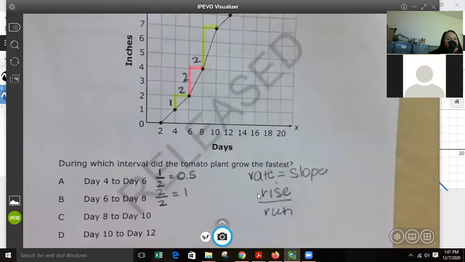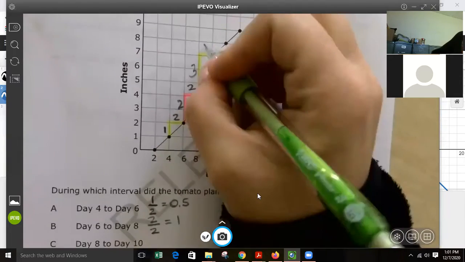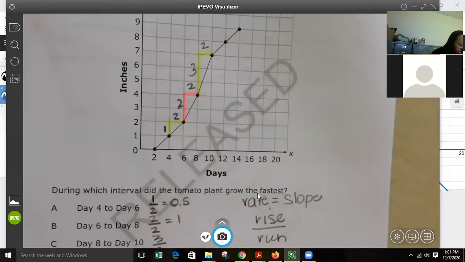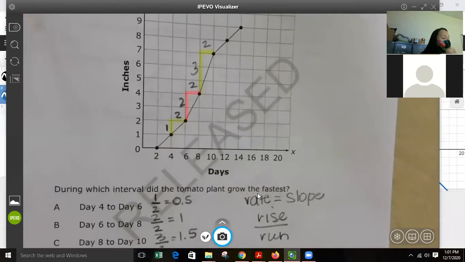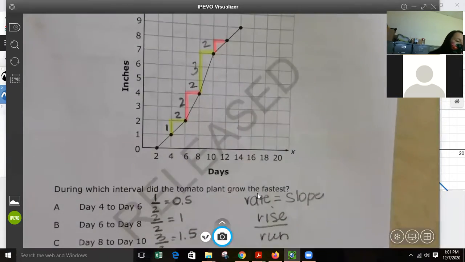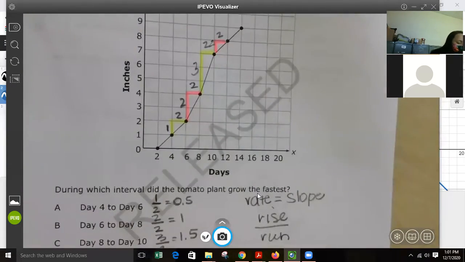So those dots together. How much did I rise? 3. And I ran 2. So rise 3, run 2 gives me 1.5. And then one more, days 10 to 12. I did rise 2, run 2, which gives me 1.